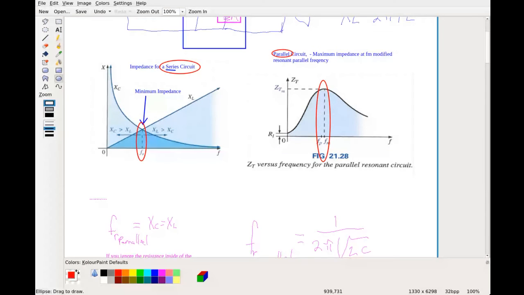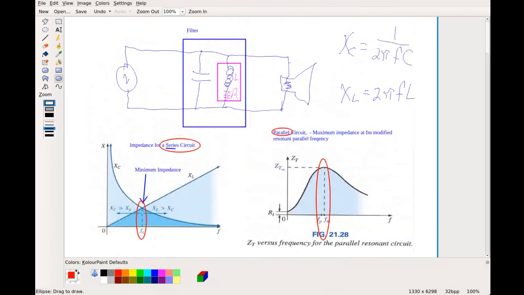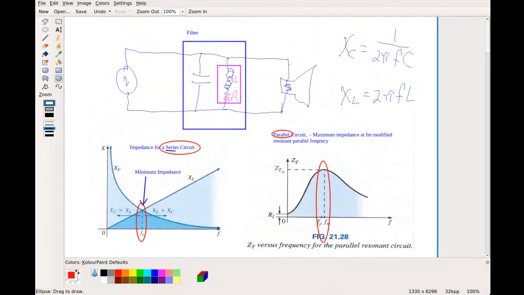But all right, like I say, really these are the filters. And then when we get into chapter 22, we're actually going to discuss these. What we've basically talked about today are band pass filters.